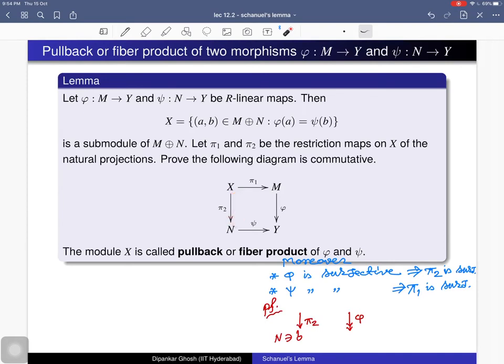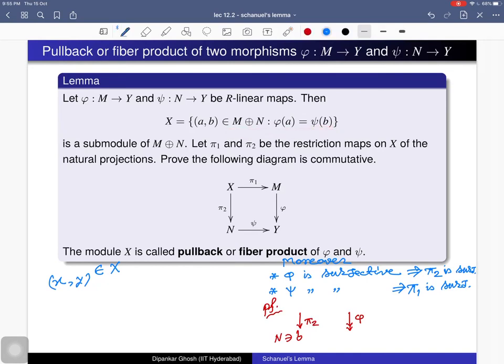Next we should verify that this diagram is commutative. So we can do that here. Consider an element (x, y) in X. So it is an element in this direct sum such that we have this equality.